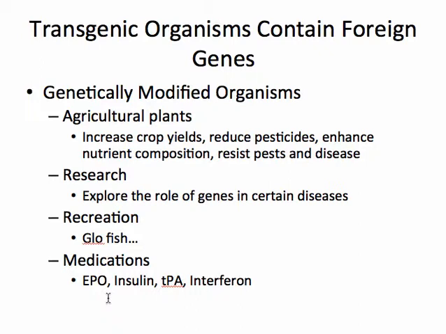That induces proliferation of red blood cells. Many people are familiar with insulin. It's used to treat hyperglycemia. TPA breaks down blood clots, and interferons are given to help thwart the activity of certain viruses like hepatitis in the body.